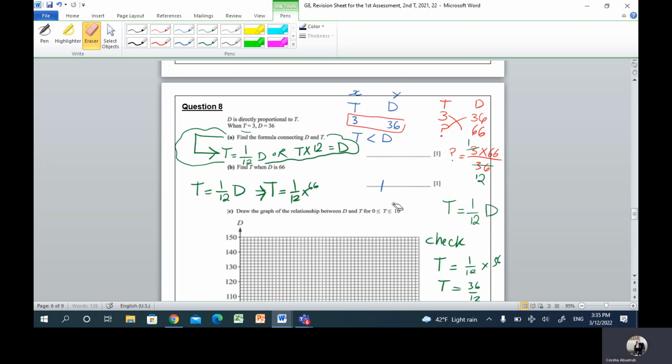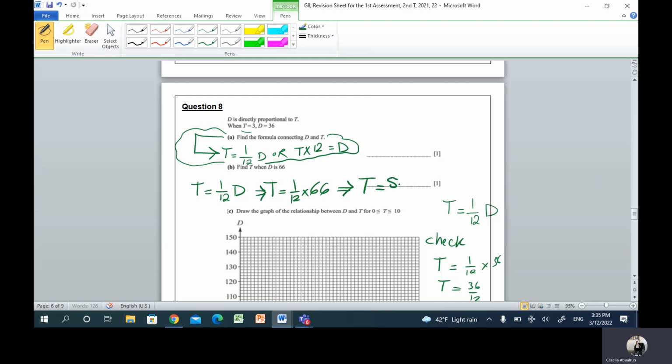Let's write our answers here. You're going to say 1 over 12 and D is 66, so it will be 1 over 12 times 66. So T is equal to 5.5. Sorry, 66 divided by 12 will be 11 over 2, or 5.5.